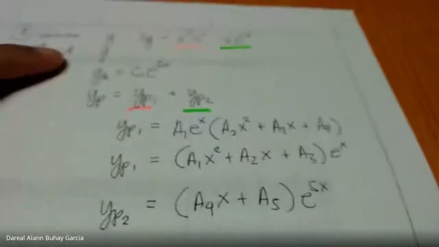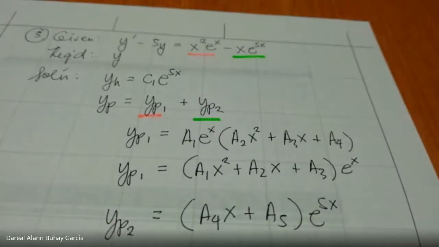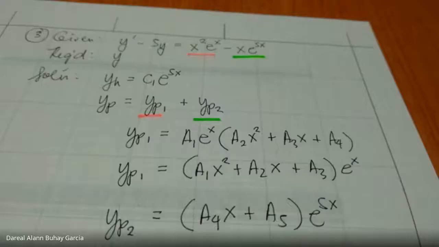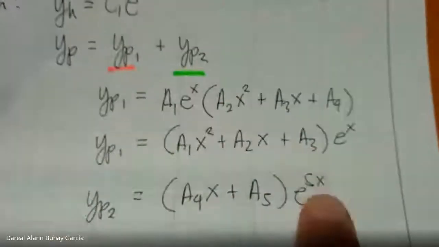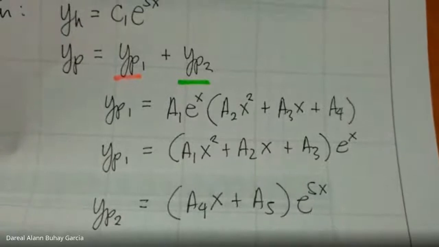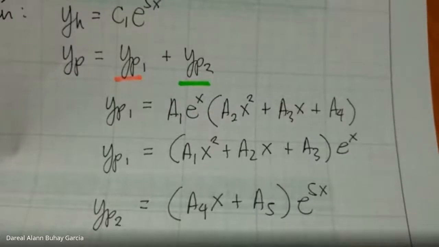Notice something in YP2? It is the same form as our YH. So we multiply it by x to the power of m, where m is the smallest positive integer such that the product of x to the m with the assumed solution has no terms in common.